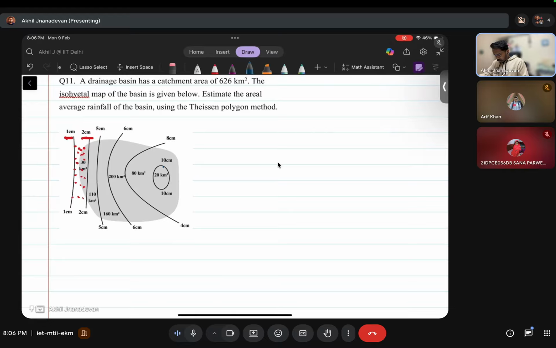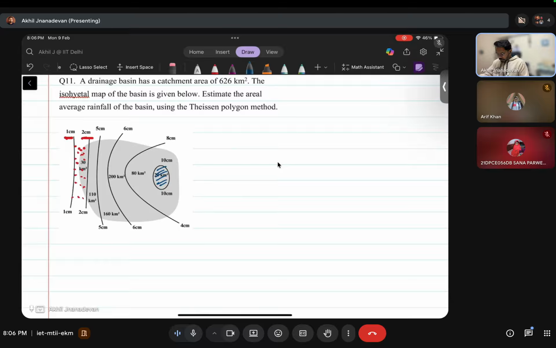Within this closed contour, the area is 20, and the rainfall enclosed is 10 centimeters. So there we don't need to take the average. Inside this entire area the rainfall is 10 centimeters, so we can take 10 directly.